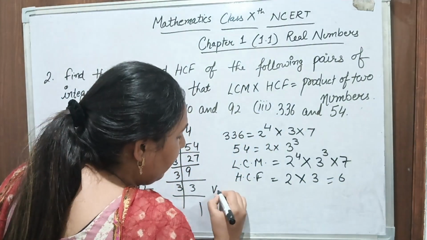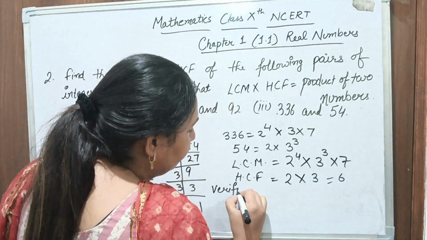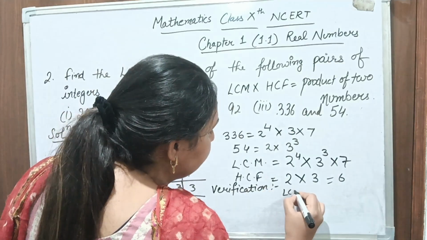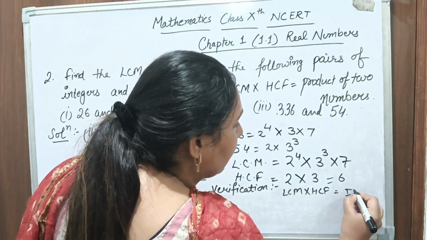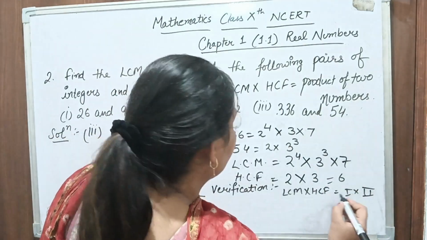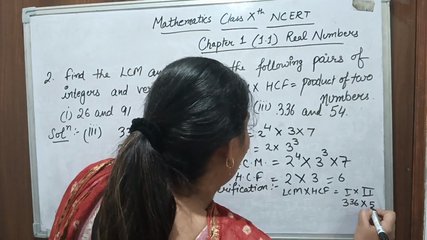So again we will verify, because they are saying verify. You will use the same formula: LCM multiply HCF should be equal to the product of the two numbers, 336 and 54.